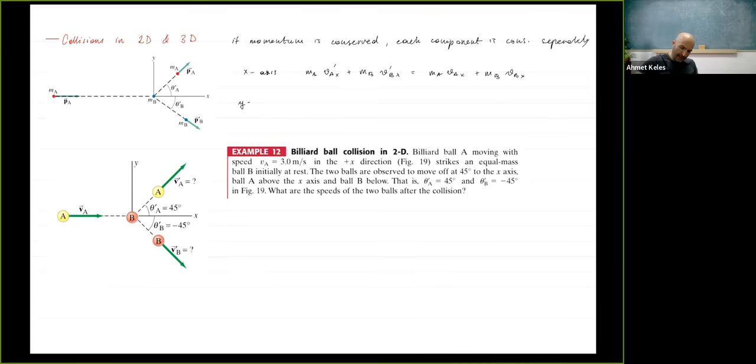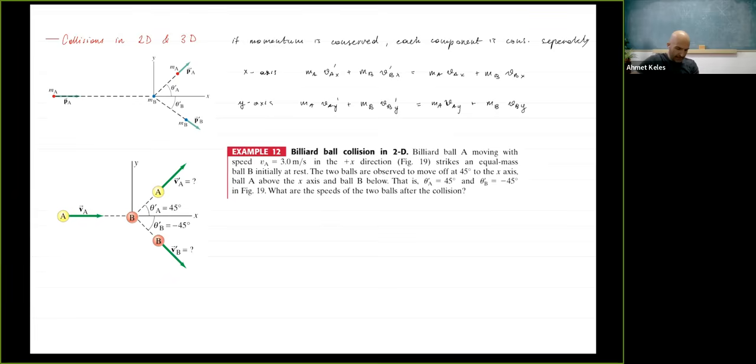And for the y-axis, I can write the same thing: MA VAY prime plus MB VBY prime should be equal to MA VAY plus MB VBY.